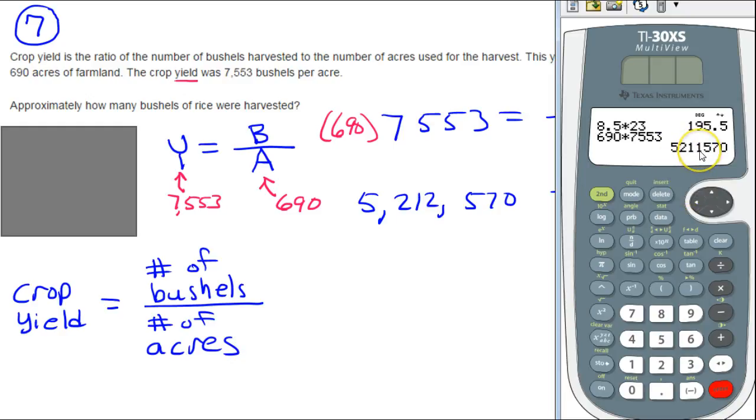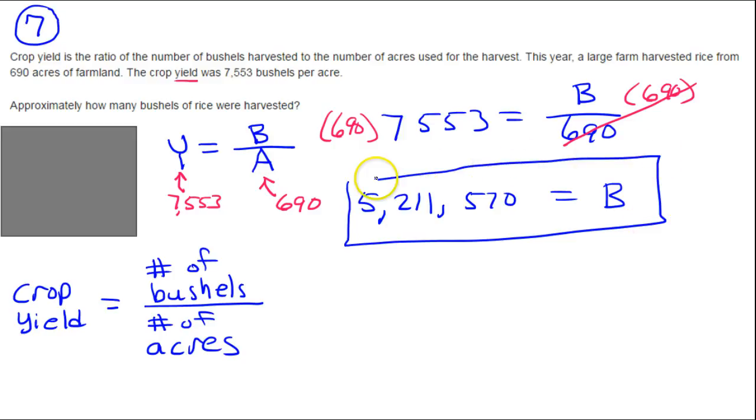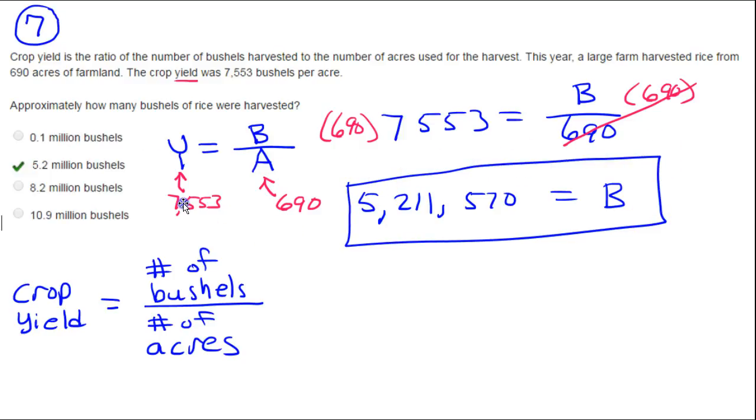Oh, I missed that a little bit. 211,000. Okay, that should be it. Reveal. They went ahead and set it in terms of millions of bushels. So 5,211,000. You can see that's the same thing as 5.2 million. We're rounding, so we're still good.